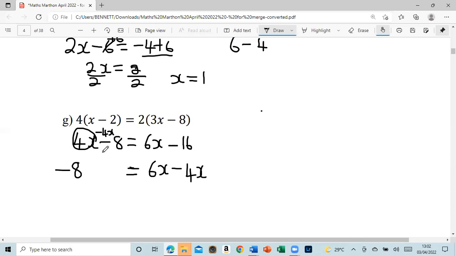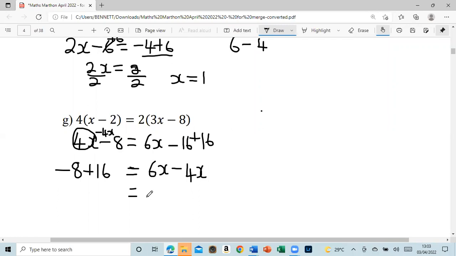A common error students make is changing it to +8. Remember, the 8 is already on this side. So now we take the inverse of this, which is what? Plus 16. So we add 16 to this side. And then now we can do the maths. As the parent said, once x is positive, it's kind of easier.